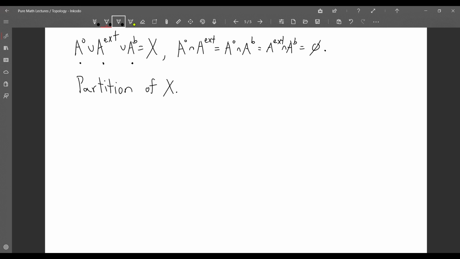The first is that the interior itself is an open set. And furthermore, A is open if and only if A is equal to its interior, right?